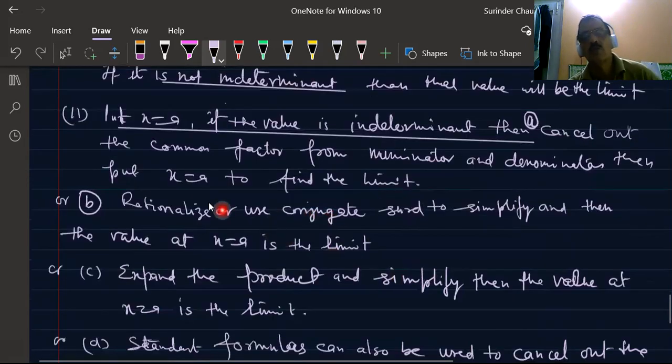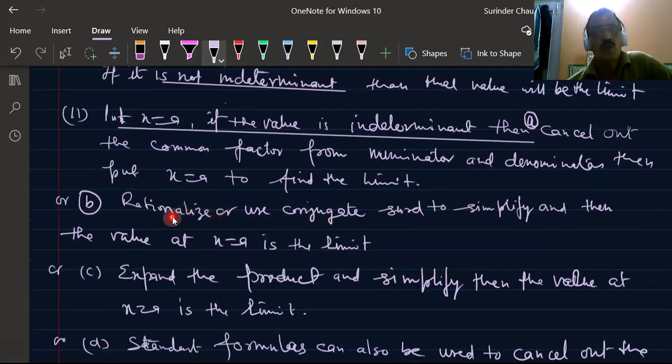After rationalization, put x equal to a. If the value comes out to be finite, then that is the limit. If it is again in indeterminate form, then look for the conjugate, multiply and divide.